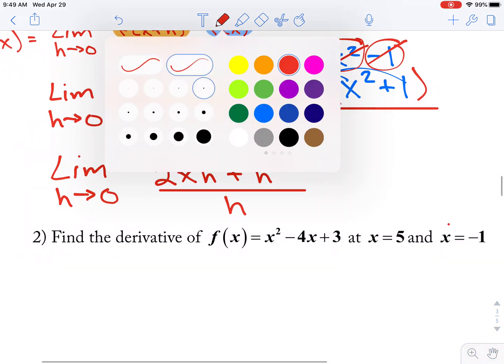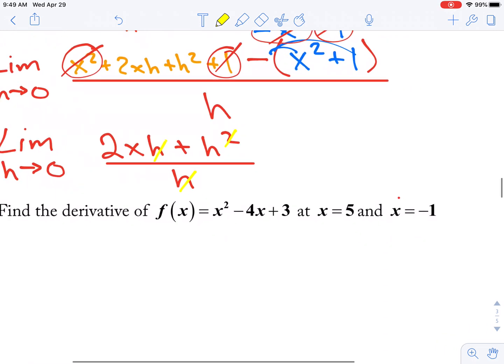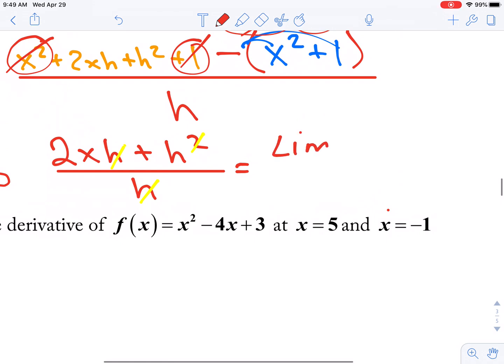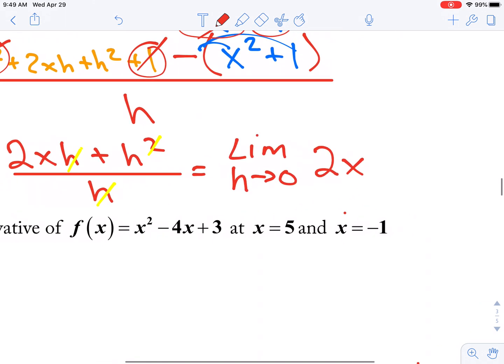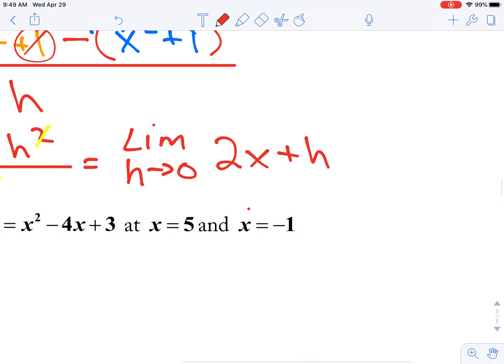Well, now we can cancel out h, right? This h can cancel out from each of the h's there. And so we're left with the limit as h approaches 0 of 2x plus h. And if you recall from last chapter, if I want to find a limit as it approaches something, I can literally just plug in the value here.